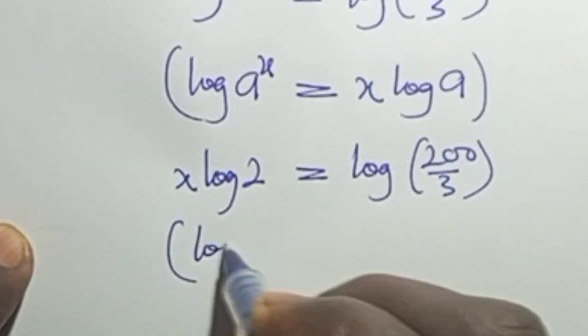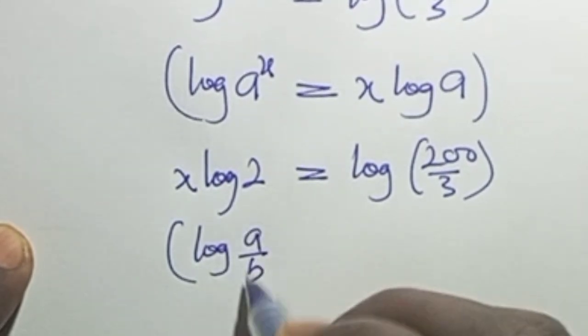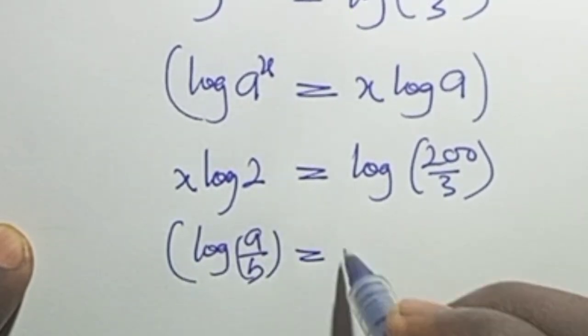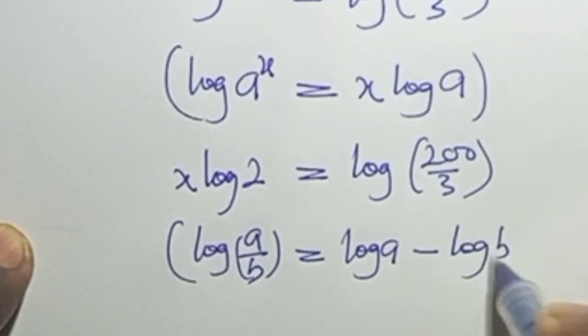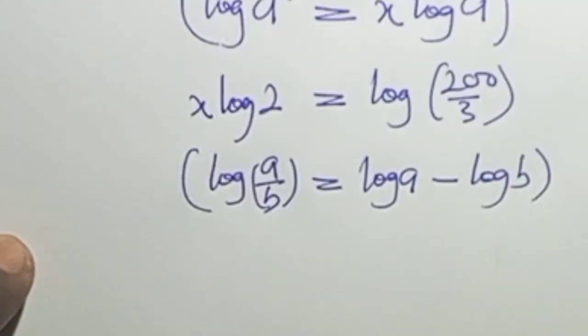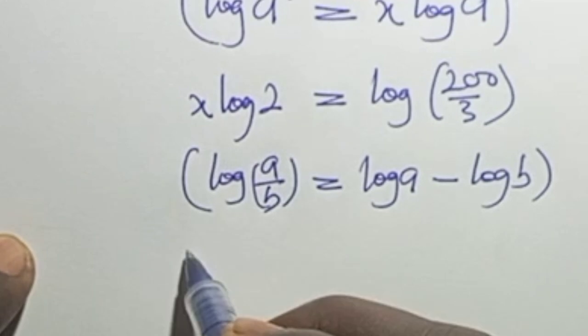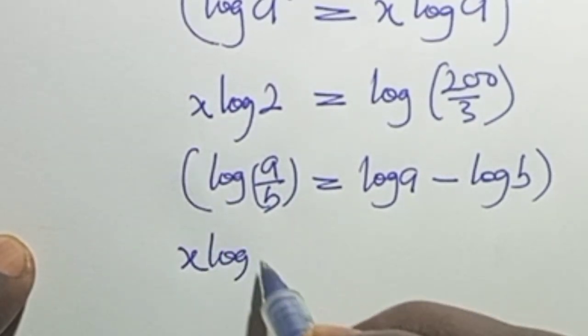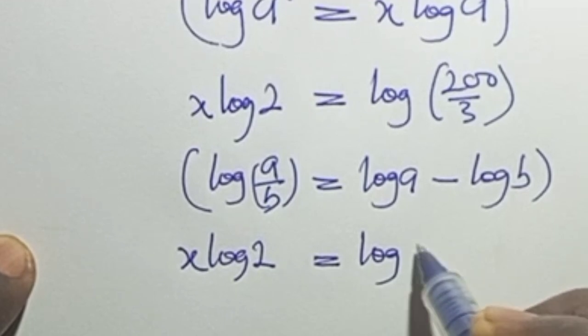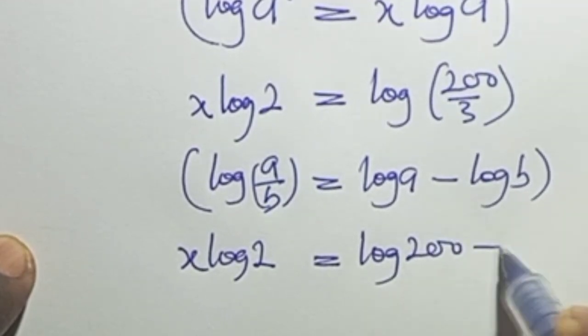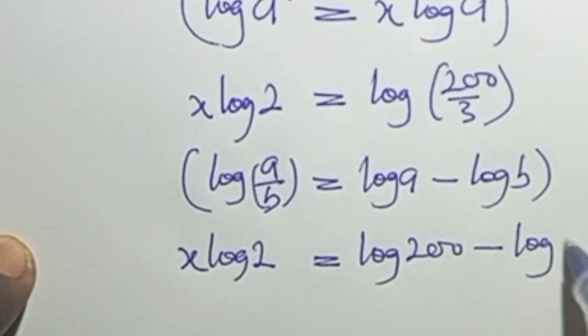Also, log a over b is equal to log a minus log b. So we fit it here. So x log 2 will be equal to log 200 minus log 3.